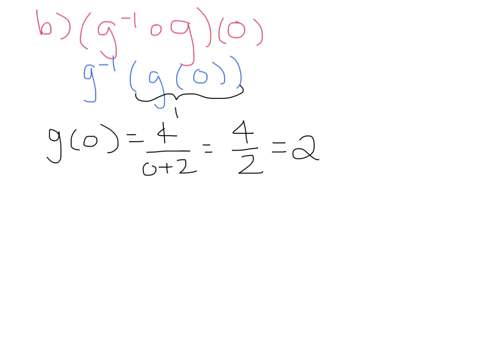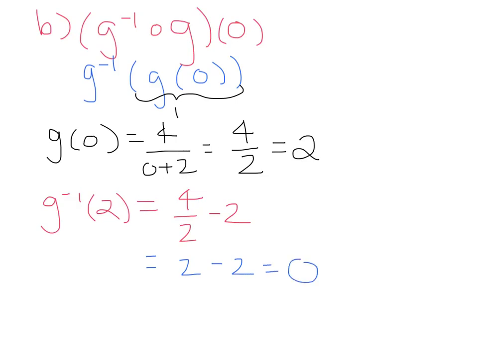Good, so that was farther than we got in our last problem. So now we take 2 and plug it in for the inverse. Our inverse was 4 over 2 minus 2. So 4 divided by 2 is 2, and 2 minus 2 is 0, okay?